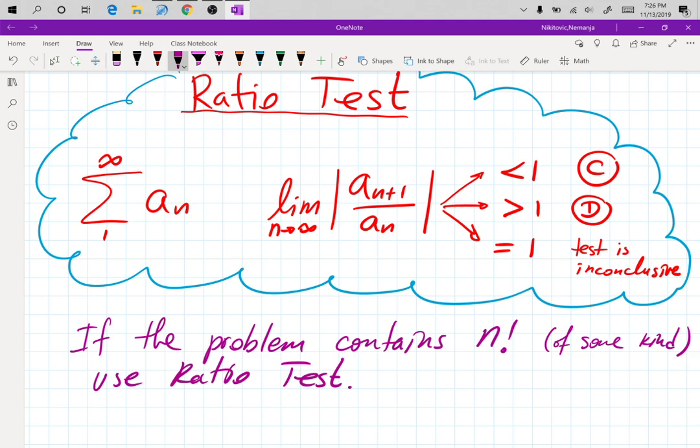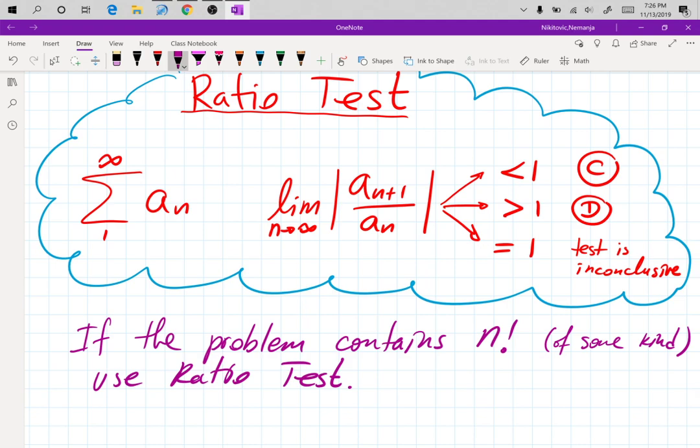Can this work with others? Yeah, it works with geometric, it works with a lot of other stuff. But if you have factorials, the only test you can use is ratio. So that's how you immediately going to spot when we do the overall all of possible tests, right? As soon as you see factorial, oh, this one is a ratio.